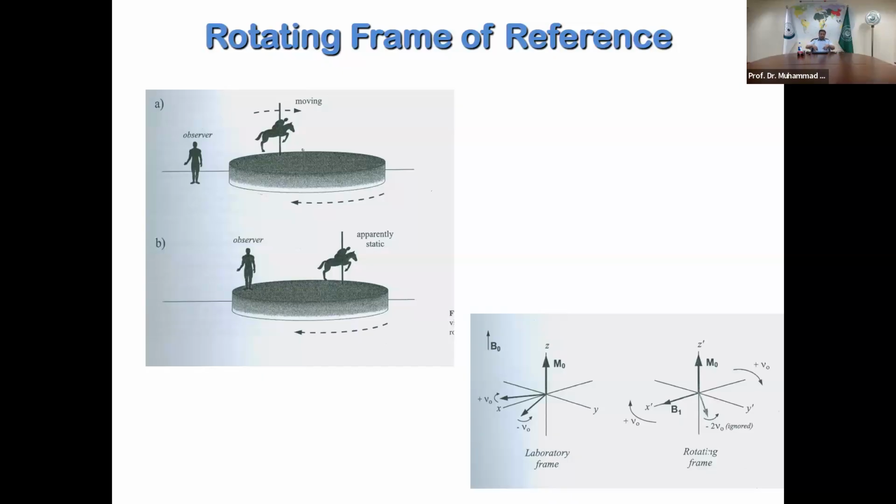But now you are part of the Earth, standing on the Earth. You don't feel the movement of the axis because you're already there, and the only thing you feel is weather, in day and night. Okay, so this rotating frame of reference can also be explained by what is called a merry-go-round or something.